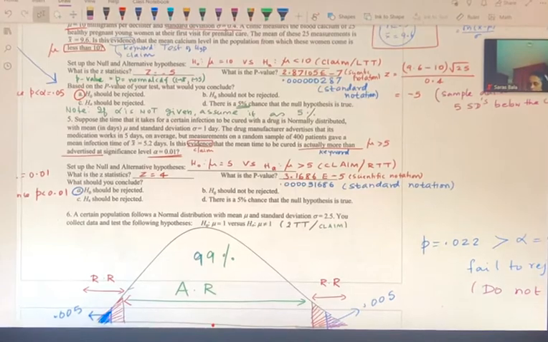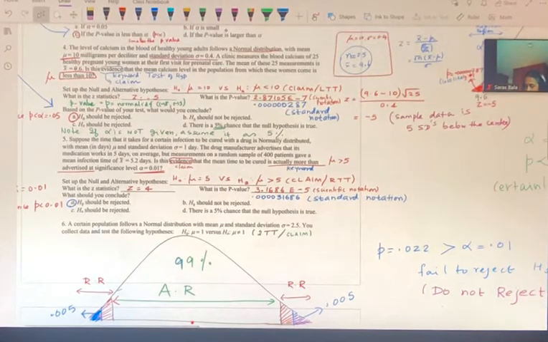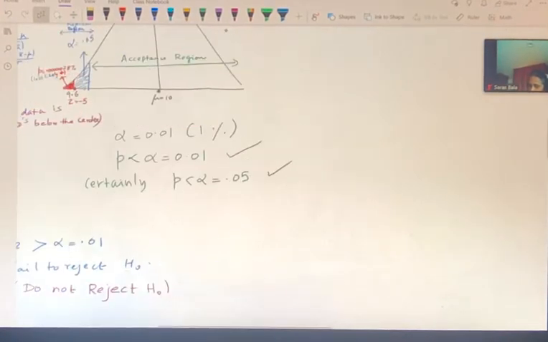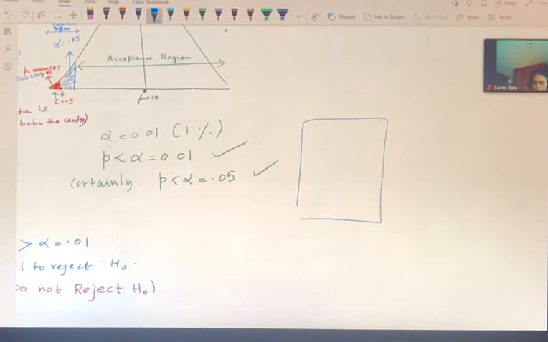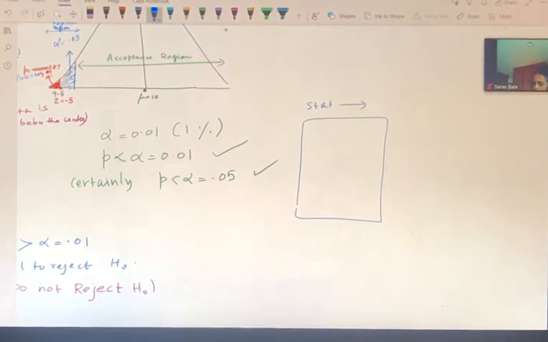So suppose I'm going to be using the TI input screen, you go to stat and then test, and then option number 1, which says 1 z test. So I recommend you plug in all the numbers that we are given.